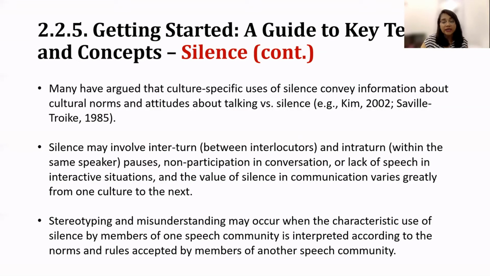So this is why it is important to be aware of this, so that when we encounter speakers from other cultural groups who have different behaviors from ours, for example, using silence in a different way, in a different amount, for a different purpose, we're not judging them as a bad or incompetent speaker, but instead we are more aware and able to understand that it's just a difference in cultures and behaviors.